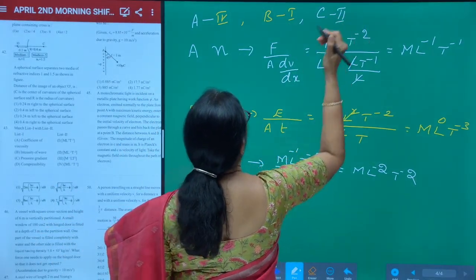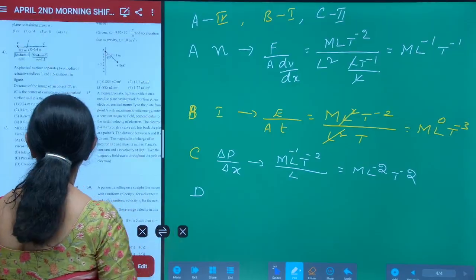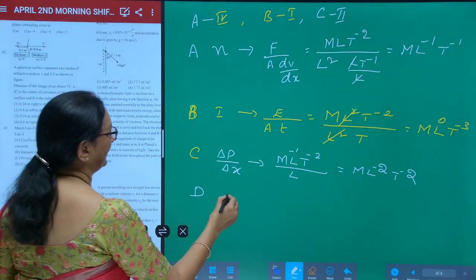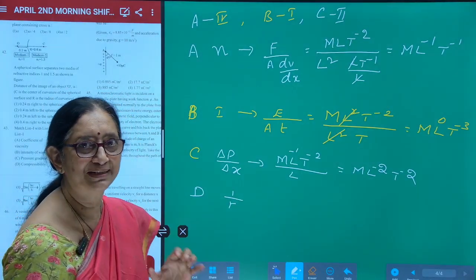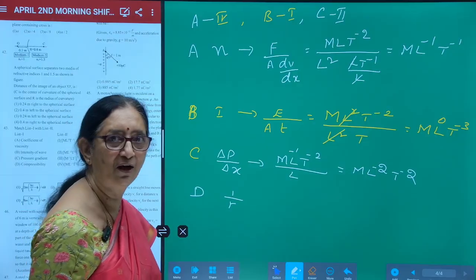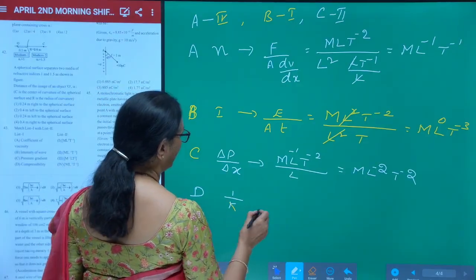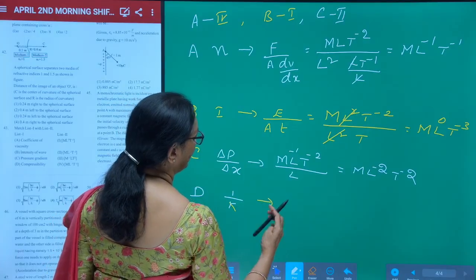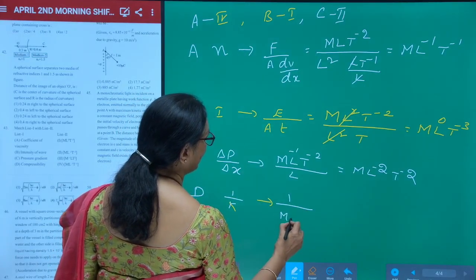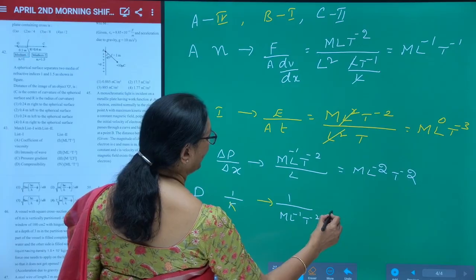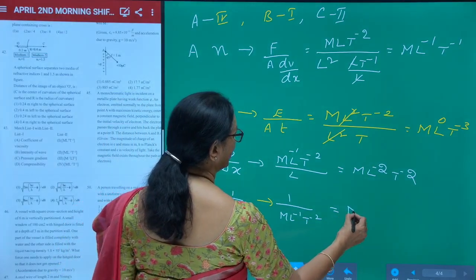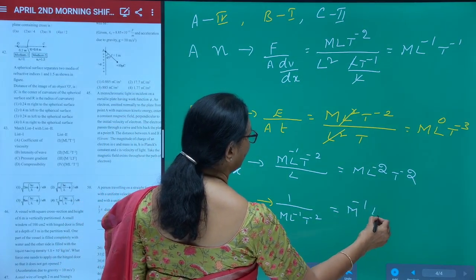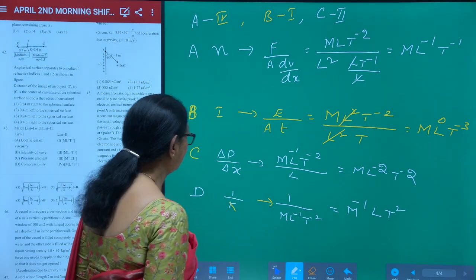So 2. And D. D is compressibility. Compressibility is 1 by bulk modulus. Reciprocal of bulk modulus is called compressibility. Bulk modulus is m L power minus 1 T power minus 2. 1 by m L power minus 1 T power minus 2 is m to the power of minus 1 L T square.